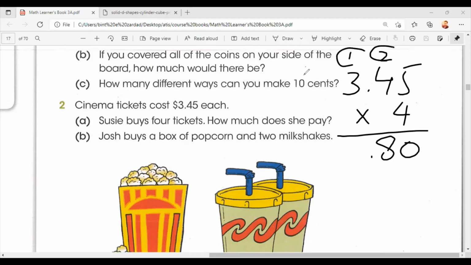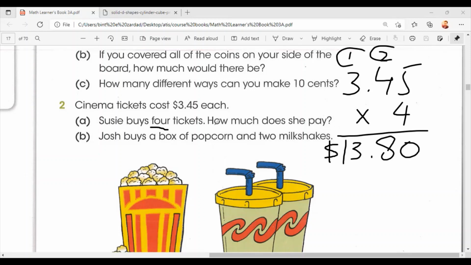And 4 times 3 is 12 plus 1, 13. So 13.80. You can also add 3.45 plus 3.45 plus 3.45 plus 3.45, or you can multiply it. So what is the answer? $13.80. This is the answer.